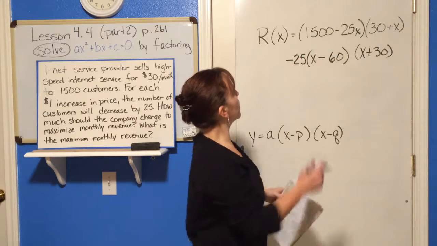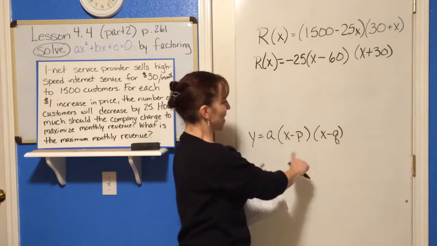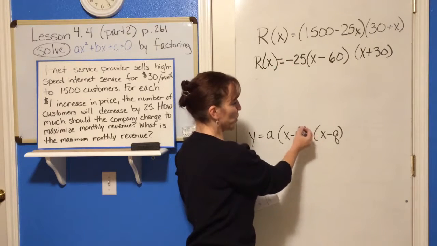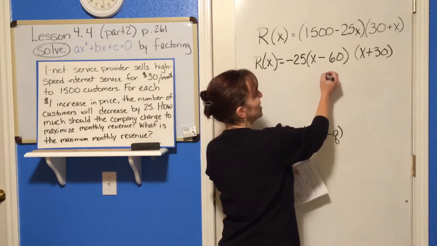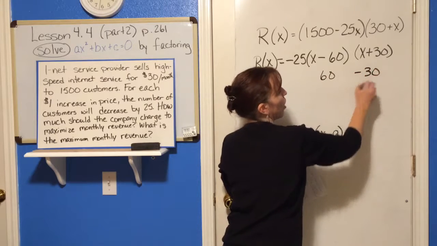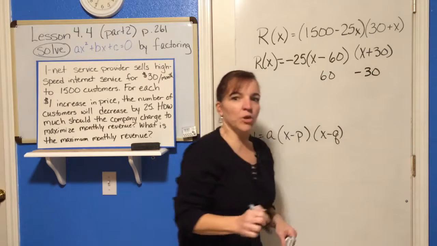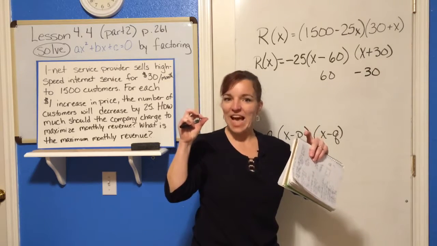So now we've got this in the formula, we just need to find our P's and our Q's. We've got 60 and negative 30 as our two zeros. Remember, those are the places where the parabola is going to cross the x-axis.